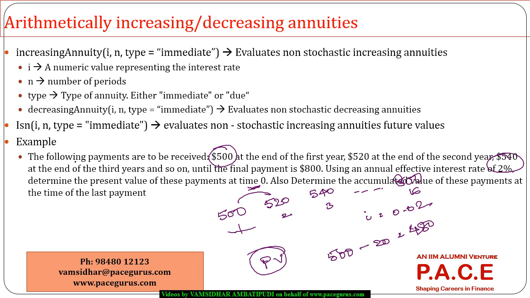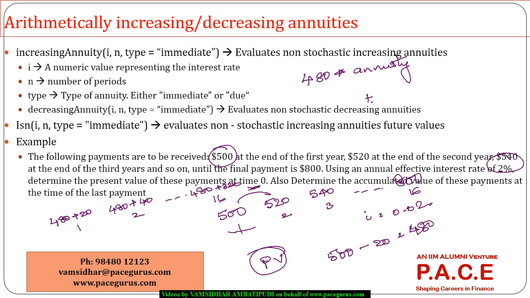Basically write this as 480 plus 20 in the first year, 480 plus 40 in the second year, and so on, 480 plus 320 in the 16th year. So there is a 480 for all the 16 years. It would become 480 times the annuity, because 480 is a fixed amount.